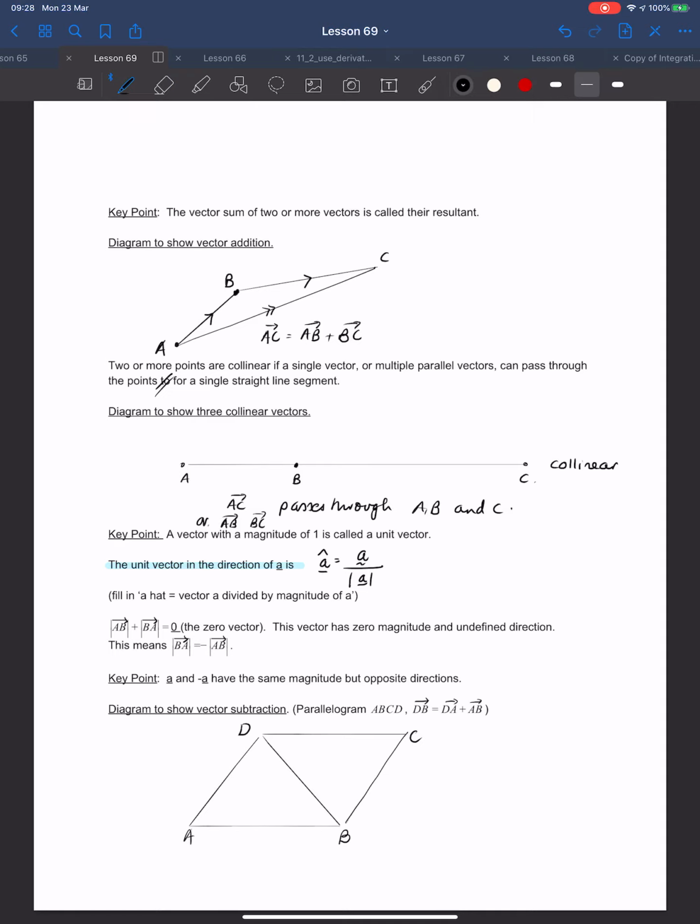I'll call it Q. Call that Q, and that one P. So A to D is vector Q. A to B is vector P. Q takes us that way, P takes us that way.